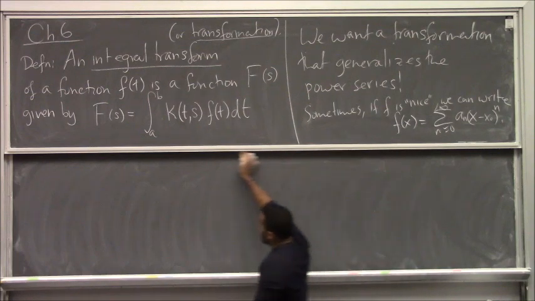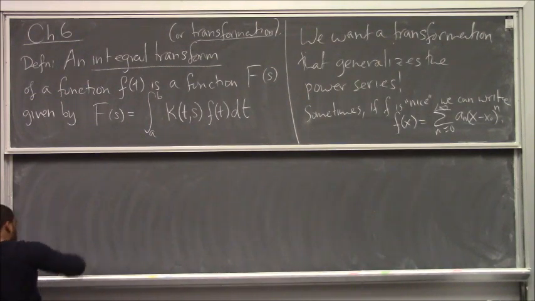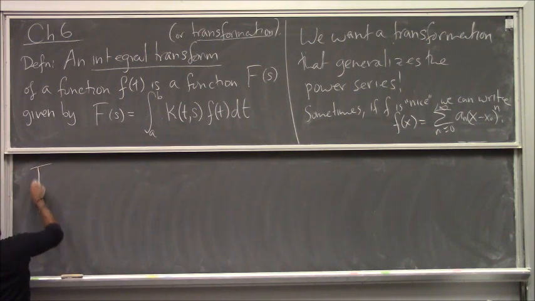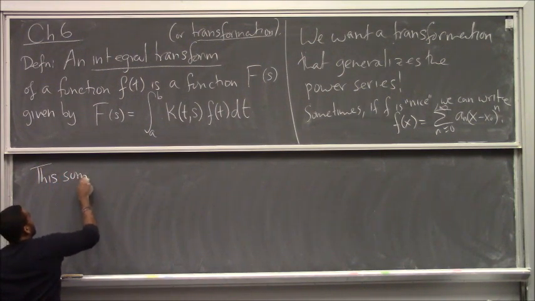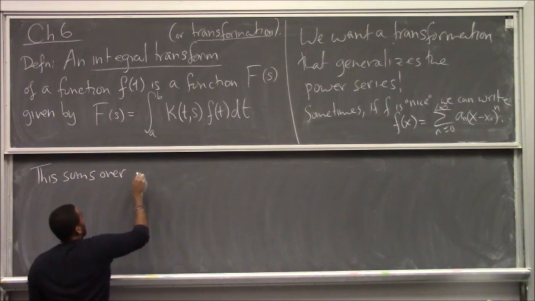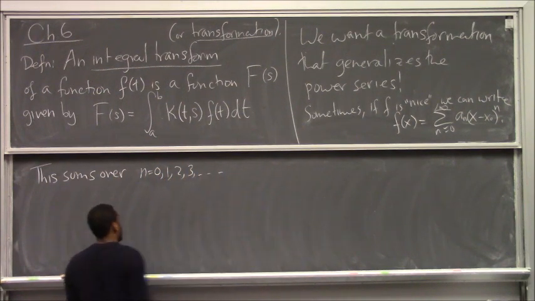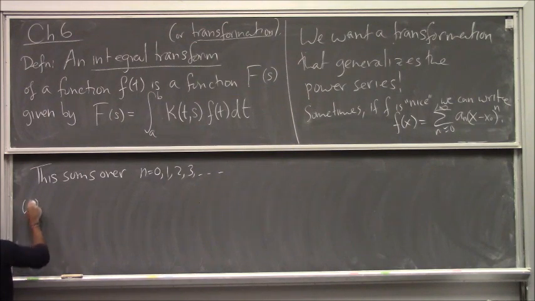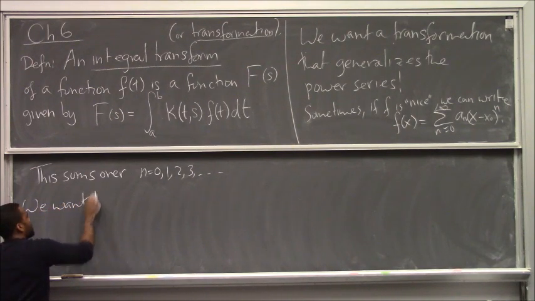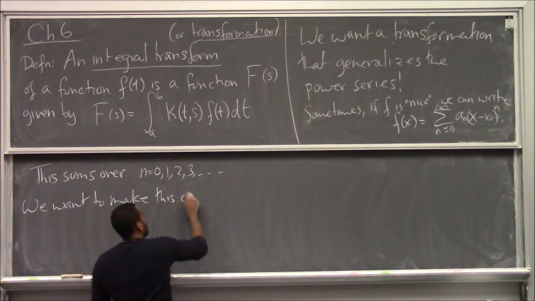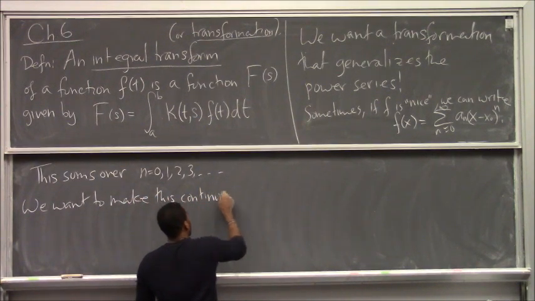Okay. I want to do something better though. The problem is this sums over, well, n equals 0, 1, 2, 3. We want to make this continuous.